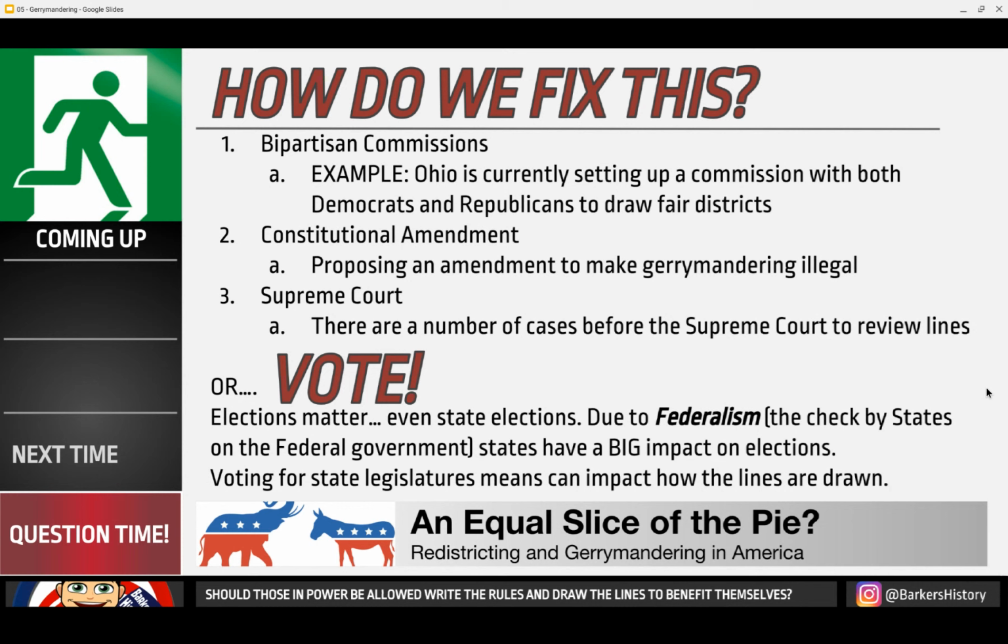They took over many governorships. They took over many state legislatures because people didn't vote, or not as many people voted as, say, in 2008 when voter turnout was really, really high, or in 2012 when it was really high again, right? Because people like to show up for presidential elections.